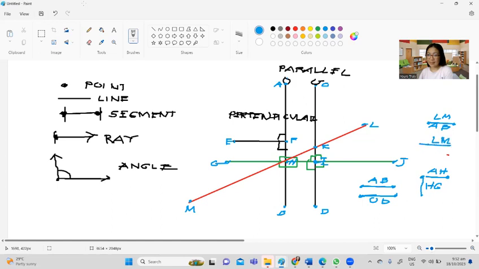Line segment LM is intersecting with line segment CD. That's how you write it. Or line segment LM is intersecting with line, what's the gray one, the green one? GJ. I hope you get it.